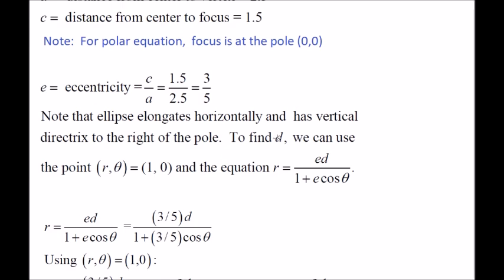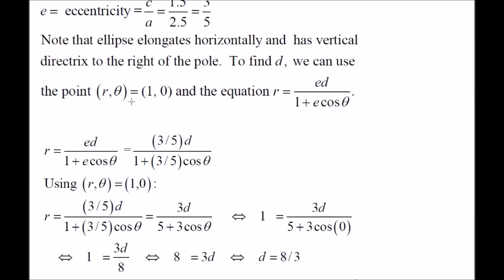Now in this problem, we're not given d, the distance from the directrix to the focus, so we have to find d. We found e, the eccentricity, which is 3/5. In this problem, we're given that the point (1, 0) is a vertex, which is a point on the ellipse, and therefore we can use it to find d.